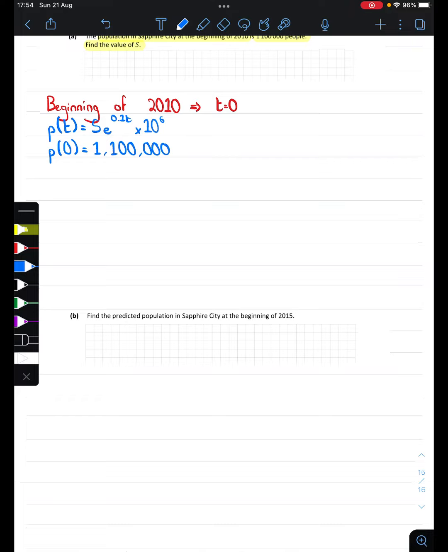So P of 0, so s e to the 0.1 by 0 by 10 to the power of 6 is equal to 1.1 million, 1,100,000.